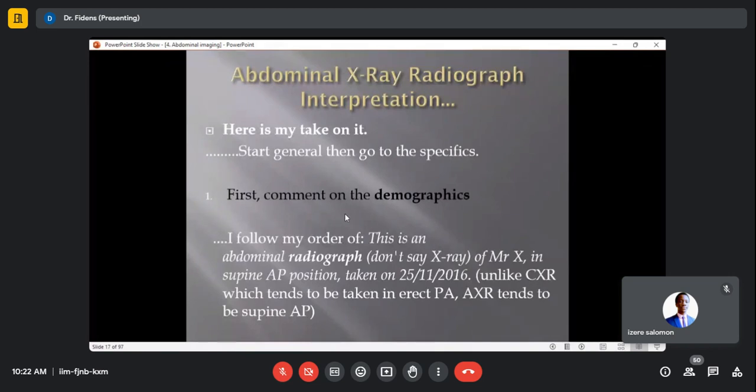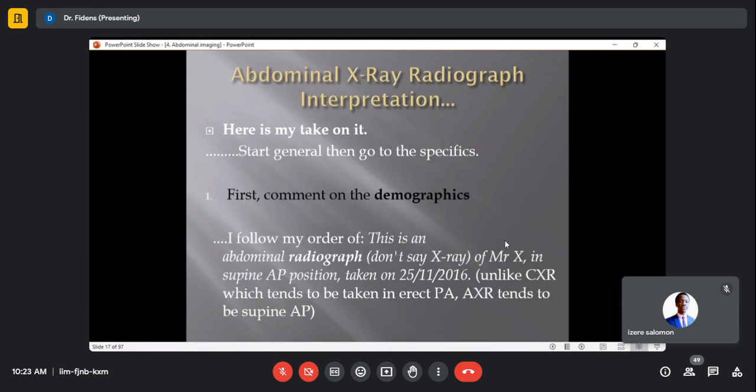That's the reason why the time is important. Was it in a supine position? Was it an upright position? Was it lateral decubitus? So the view is part of the identification. The same for chest radiograph. Remember, when you are describing a film, you say this is a PA, this is an AP chest radiograph. The same here.